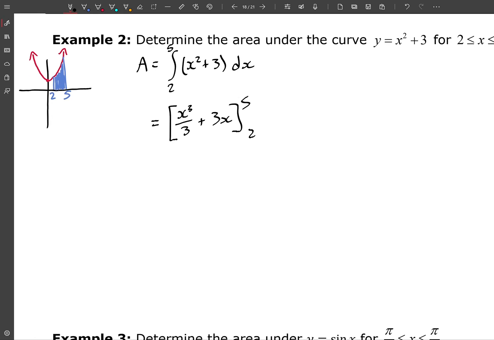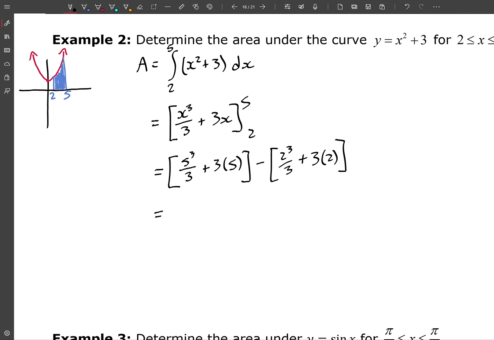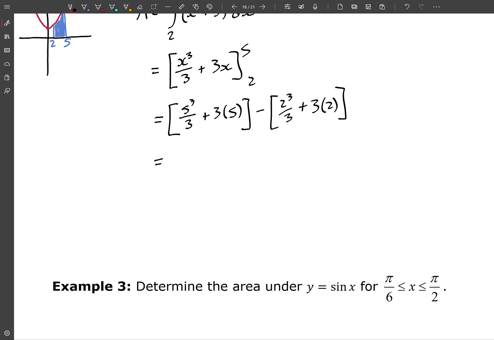Let's fix that 3. Which is going to be, well, I do my substitutions. This is going to be 5 cubed over 3 plus 3 times 5 minus 2 cubed over 3 plus 3 times 2.